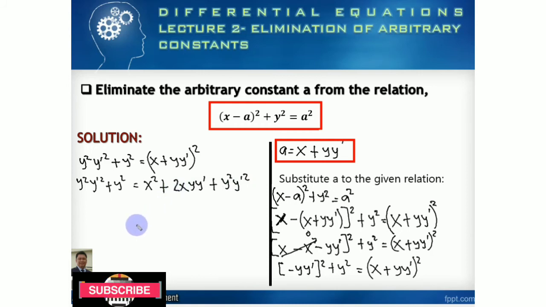As you can notice, this term will just cancel out, because if we transpose this one, y squared y prime squared minus this one is equal to 0, so the remaining terms will be y squared is equal now to x squared plus 2x y prime.